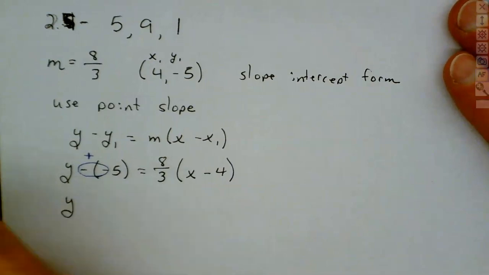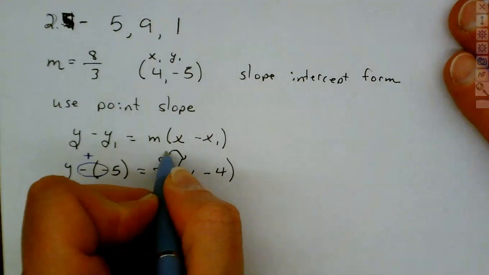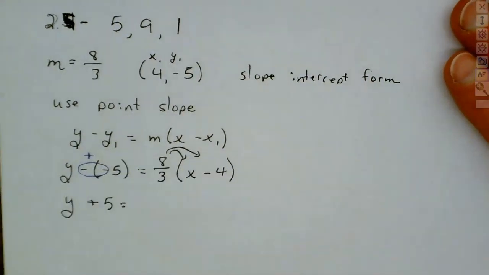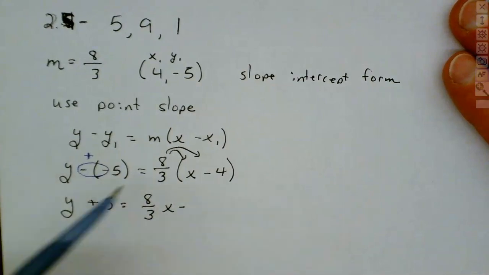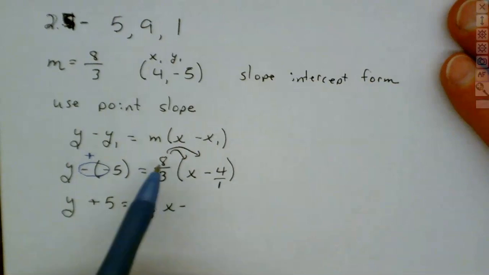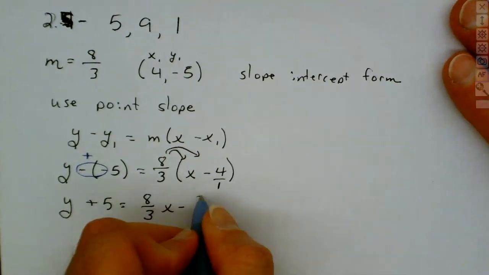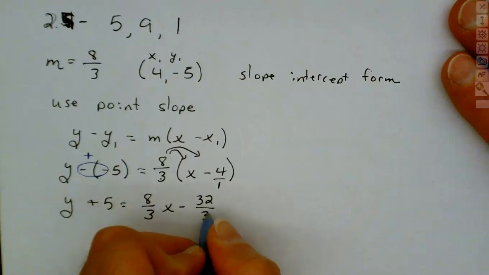And now we have y plus 5 equals, we'll distribute this 8/3 through, and that's going to be 8/3 x minus, how does this work? Well, that's a 4 over 1. 8 times 4, that's a minus 32. 3 times 1, that's a 3 there.